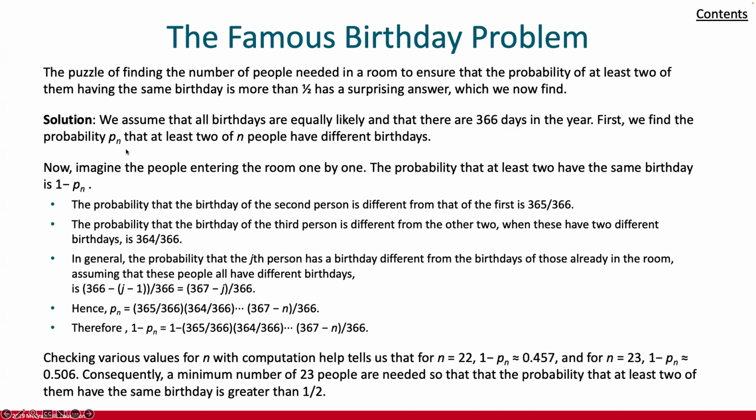First, we find the probability P(n) that at least two of n people have the same birthday. You can walk through this; I'm not going to go through the details. Consequently, a minimum number of 23 people are needed so that the probability that at least two of them have the same birthday is greater than one half, or 50%.